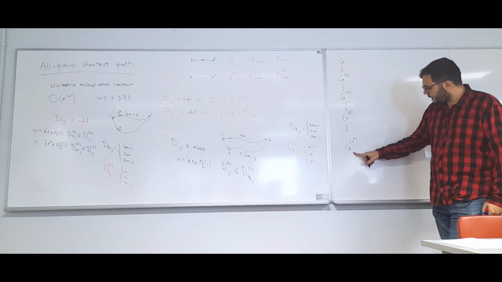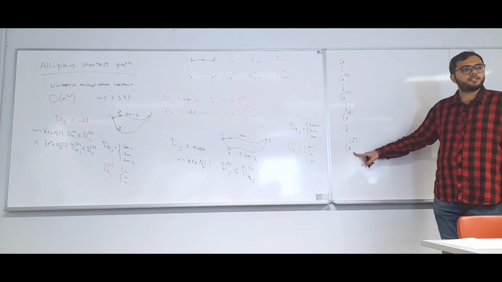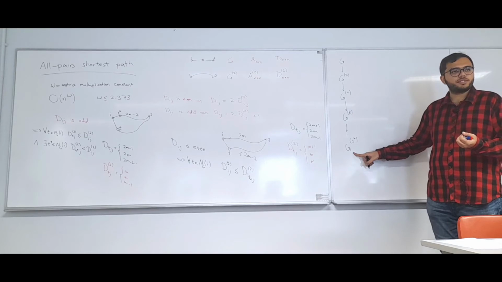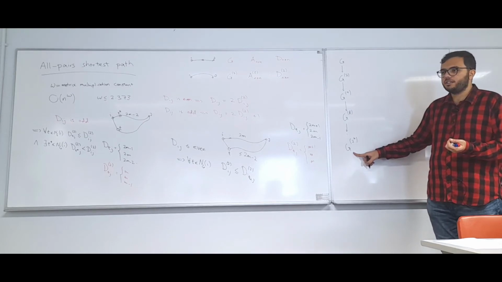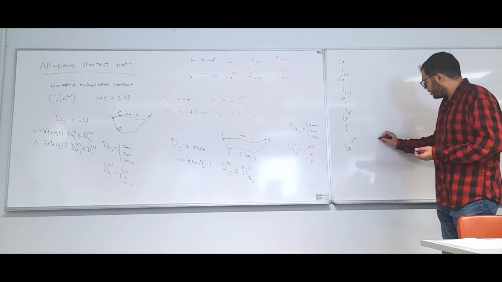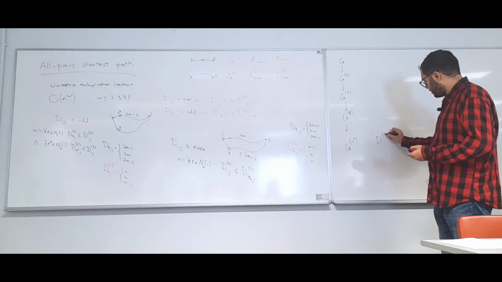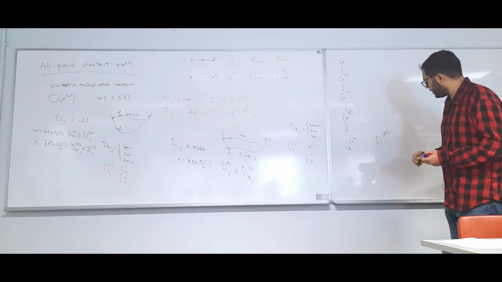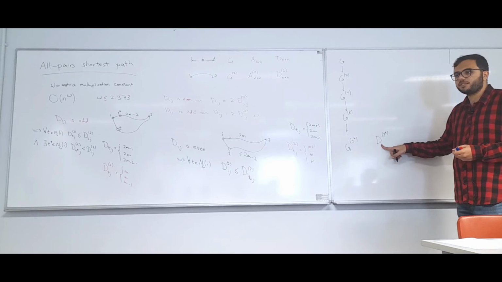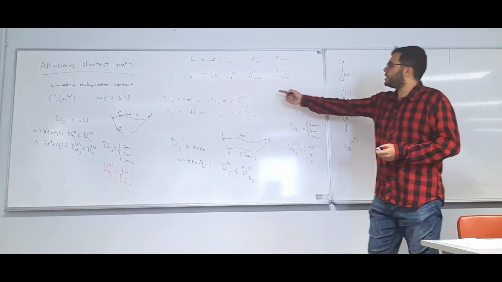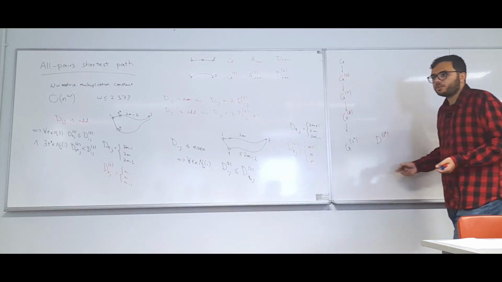So at the point where I get here, I know that the distance between every pair of vertices is now either 0 or 1, right? So I can easily find the distances in this 2 to the power of k thing. I can find this distance matrix here, right? Because this distance matrix is basically the same as the adjacency matrix at this point.